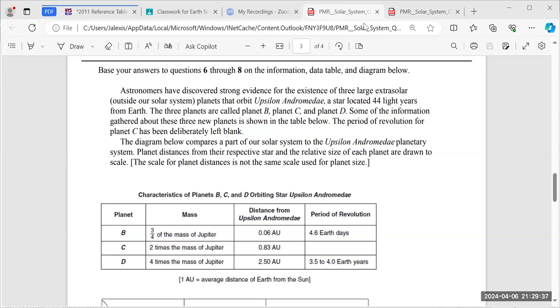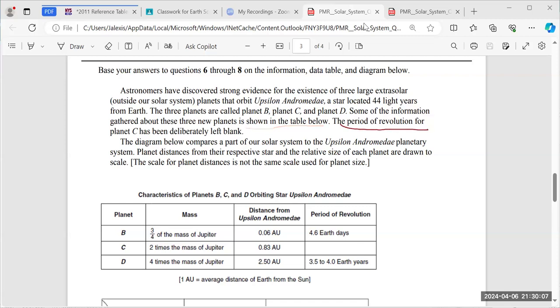It says astronomers have discovered strong evidence for the existence of 3 large extrasolar planets that orbit Upsilon Andromeda, a star located 44 light years from Earth. So it is a star, that's one thing to keep in mind. The 3 planets are called Planet B, Planet C, and Planet D. Some of the information gathered about these 3 new planets is shown in the table below.